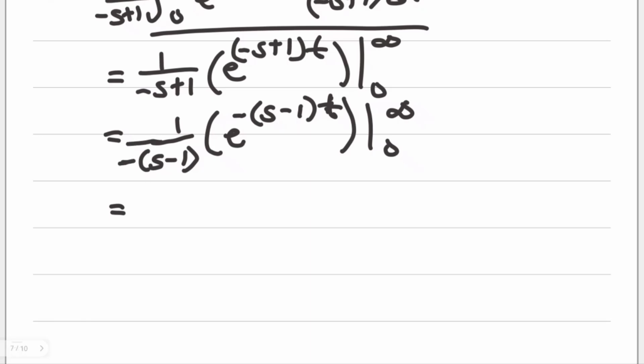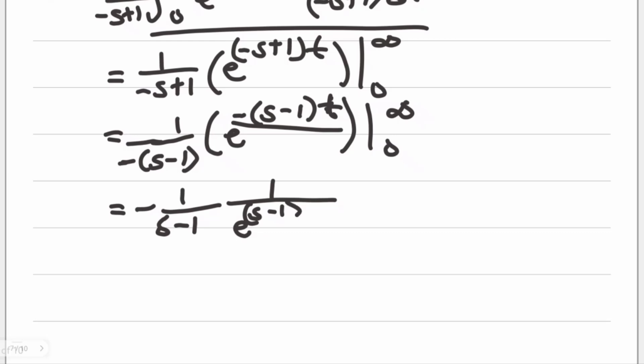The purpose of that later on is that you can look into the possibility of cancellation and so forth. So I'm replacing the negative in between s minus 1. Now this is expressed as a negative exponent, you can always put it down as e to the power of positive s minus 1 times t.